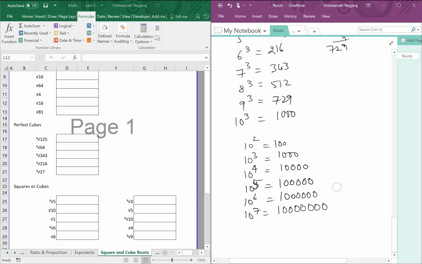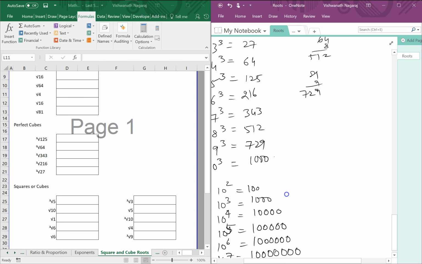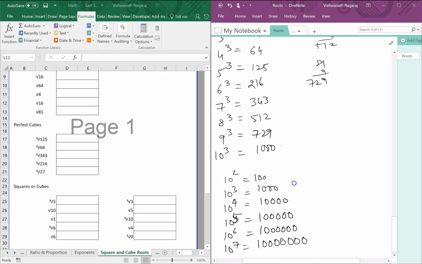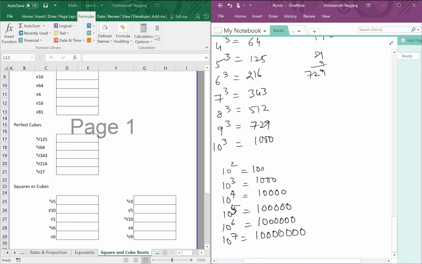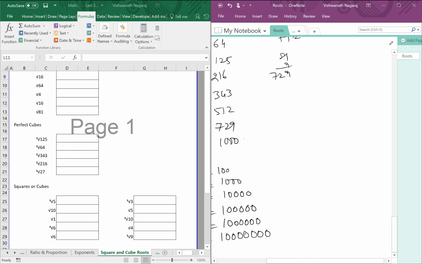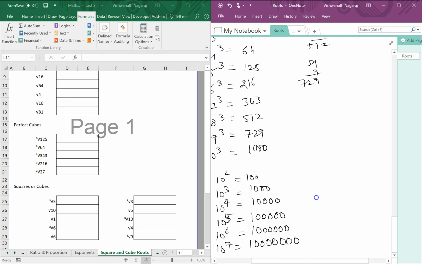And whenever you are multiplying numbers with lots of zeros, convert it into exponents and then it becomes much simpler.